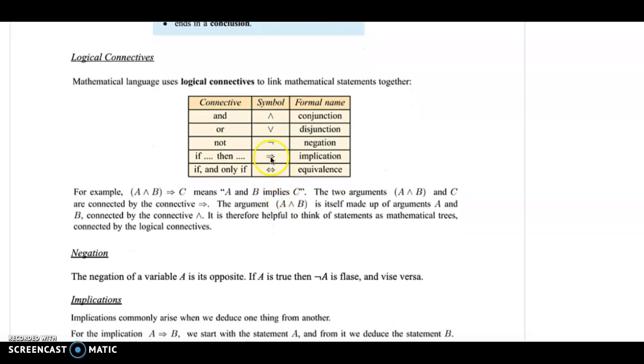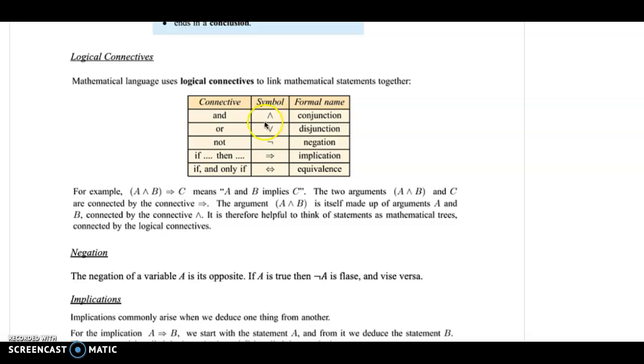So what do some of these mean? This little caret, this is a little cup or vase, V. Not negation, you're going to see what negation means. If-then statements: if A happens, then B is a consequence of A, then that's an implication.